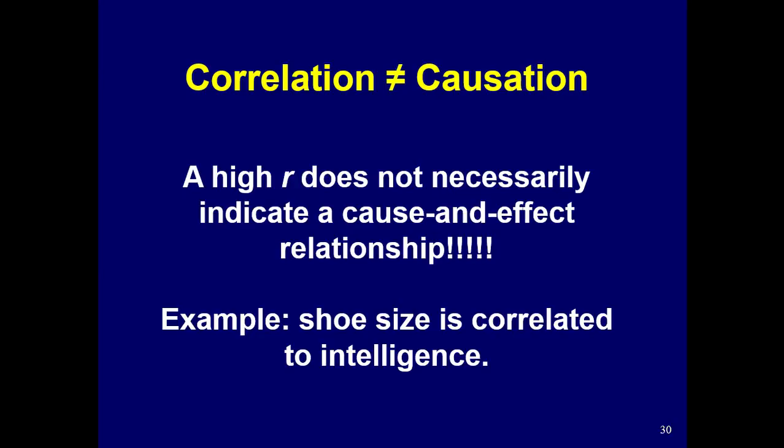Here's something you want to go to sleep tonight kind of memorizing, and that is correlation does not equal causation. I'll say it again. Correlation does not equal causation. So when you have a high Pearson product moment correlation coefficient in the range of negative 0.8, negative 0.9, or 0.8 or 0.9, it does not necessarily indicate that the two variables are in a cause and effect relationship.